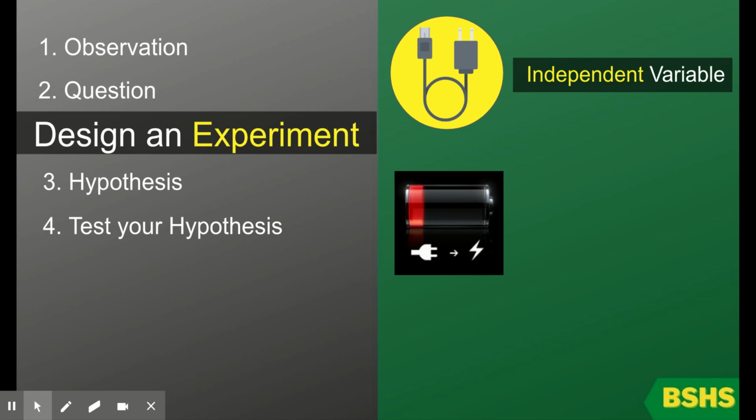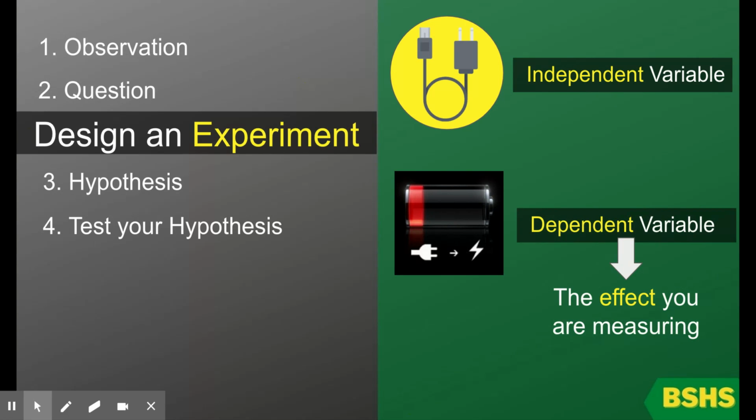Okay, you want to see if the battery is charging. The thing that you're checking on is the effect. So by getting a new charger, that new charger was supposed to cause something to happen. It was supposed to cause the battery to begin to be charged. Okay, that new charger was supposed to cause some effect. The effect is the battery being charged.